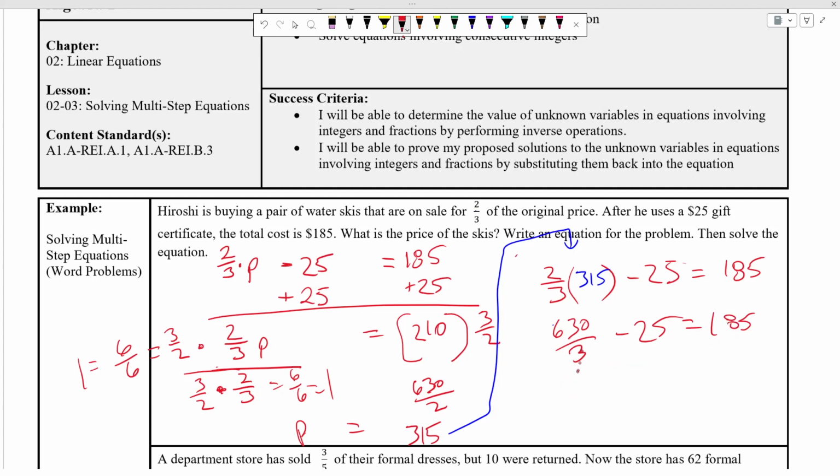Okay, great. Let's see, 630 divided by 3, is that divisible? It actually happens to be divisible, and you get 210 when you do that. 210 minus 25, I get a 185, and over here I get a 185. Guys, this is true. This is what we were after from the get-go, and this is what would confirm to us that this 315 is correct.